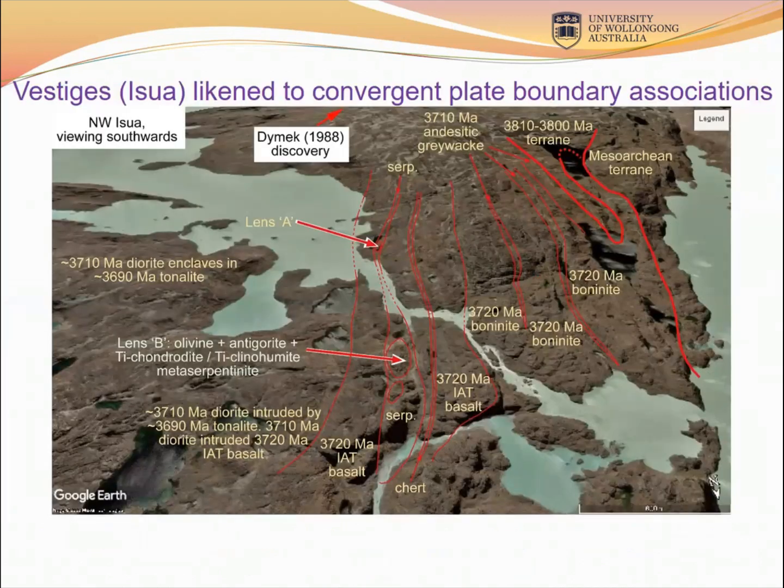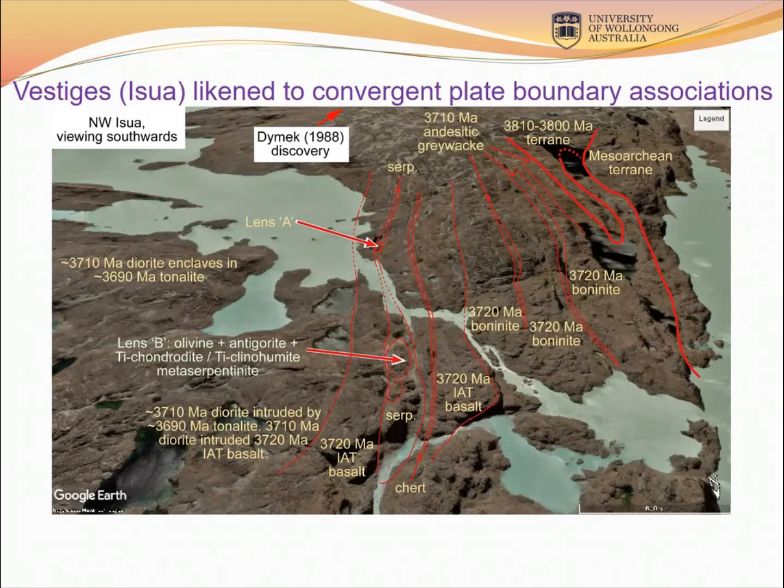So we're going to go to Isua, and we're looking at the 3,700 million year old part of the sequence. And this shows the end of that part of the sequence. What I've marked on the oblique Google Earth image is a kind of lithological association. So we've got boninites, we've got andesitic greywackes, we've got rocks which have got island arc basalt chemistry, we've got cherts, we've got serpentinites.